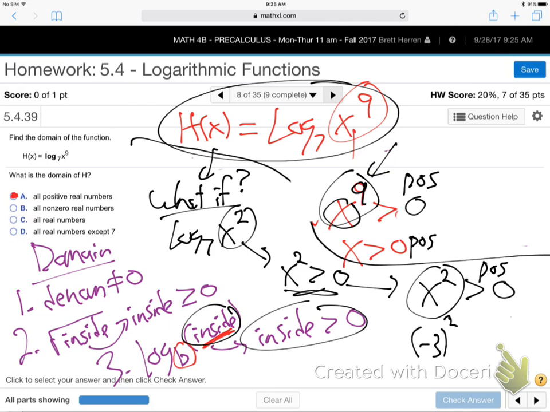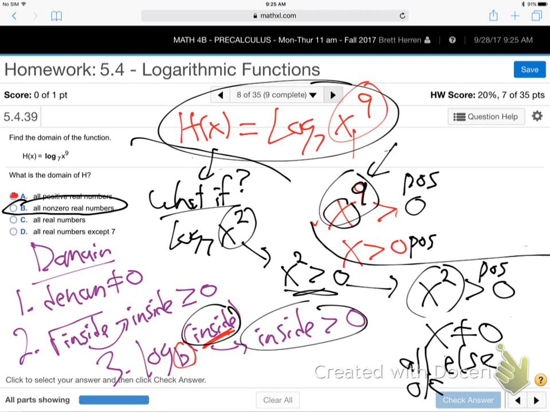So the domain would be anything's okay except x can't be 0 itself. All positives and negatives are okay, but not 0 itself. You would say all non-zero real numbers in that case. Anything that's not 0. See the difference?